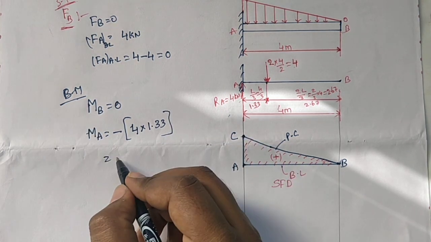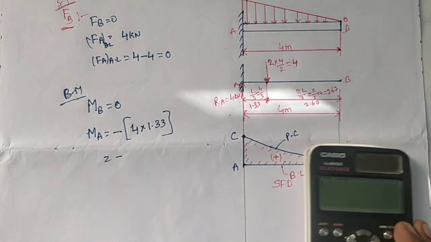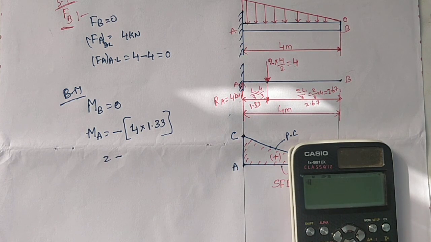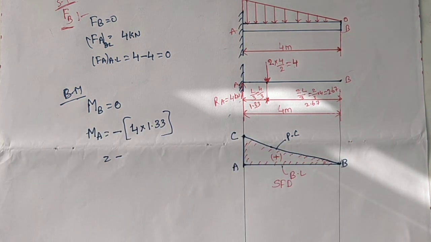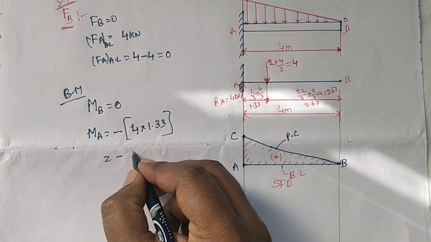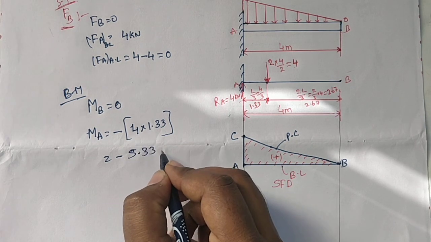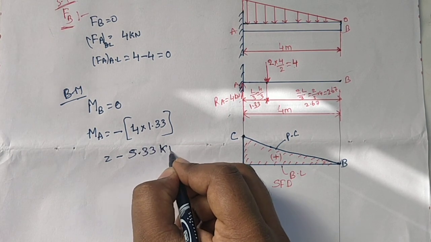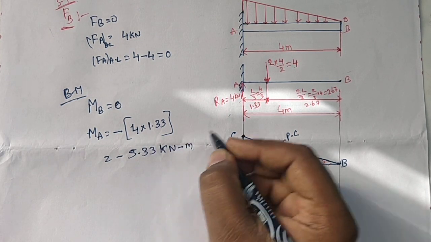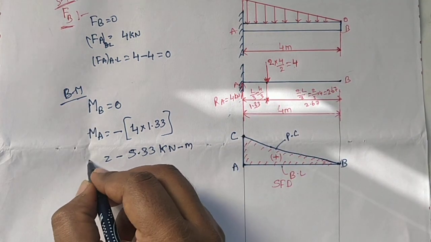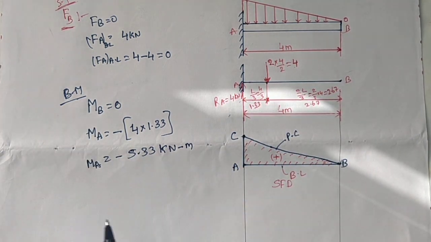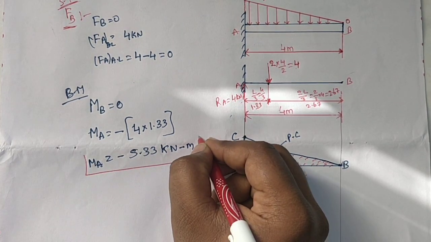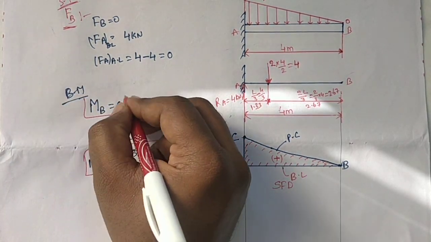So the bending moment at point A is 4 into 1.33, which is 5.33, minus 5.33 kilonewton meter. Load into distance gives the bending moment at point A. At point B it is 0.